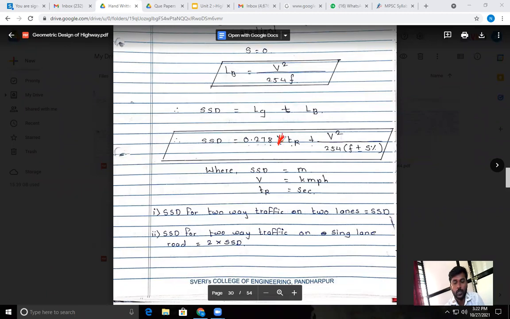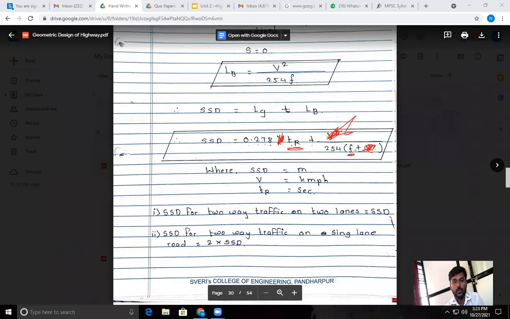V we know, V square we know, the velocity is given, and the gradient is given. So the remaining are the unknown values. What are the unknown values? TR, the reaction time, and F, the coefficient of friction.